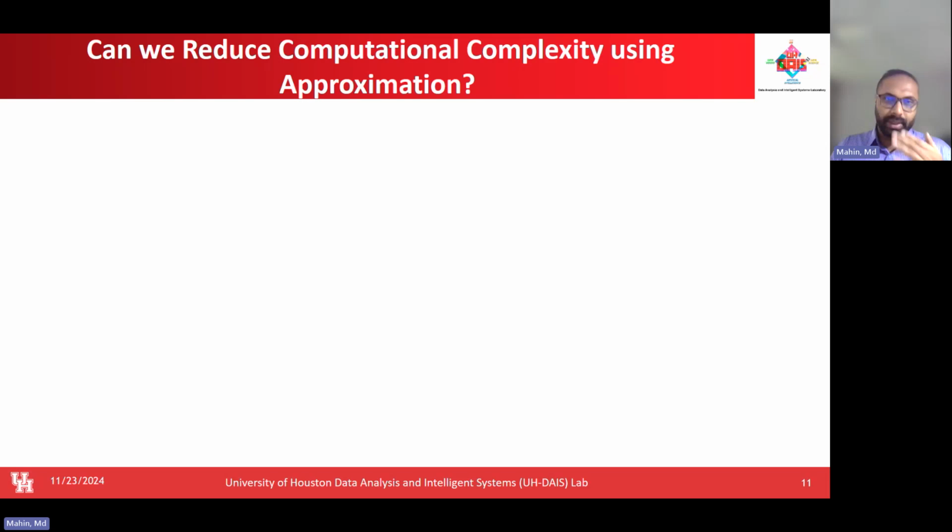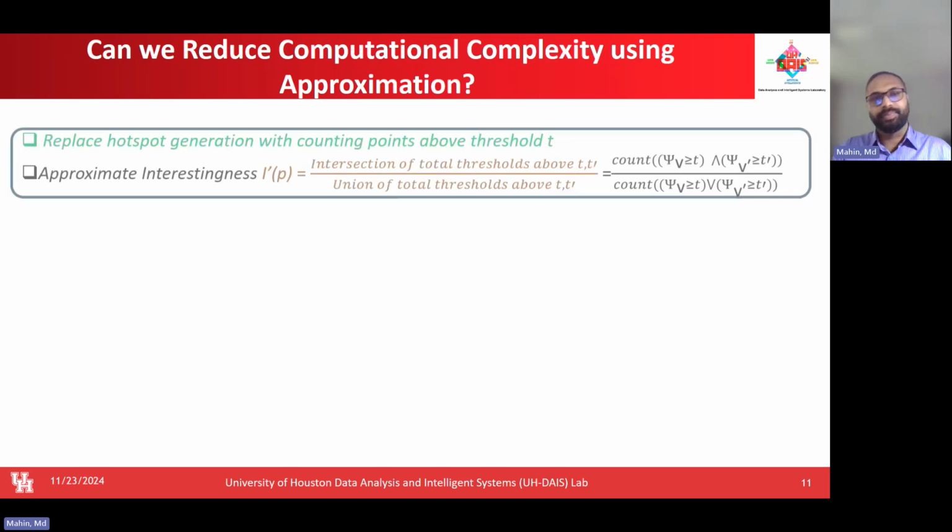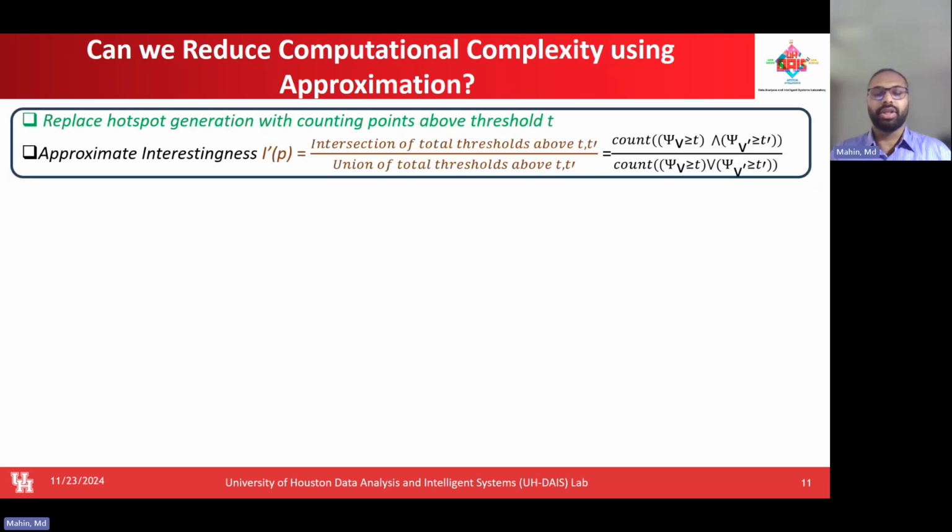So can we reduce the complexity of this algorithm? Yes, we can replace the hotspot generation by instance counting. For example, for the intersection, we count the total points above T and T dot in certain regions, and for the union, we count the total points above threshold T or T dot, and then we measure it.